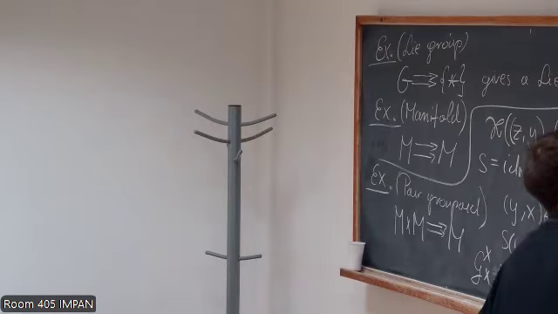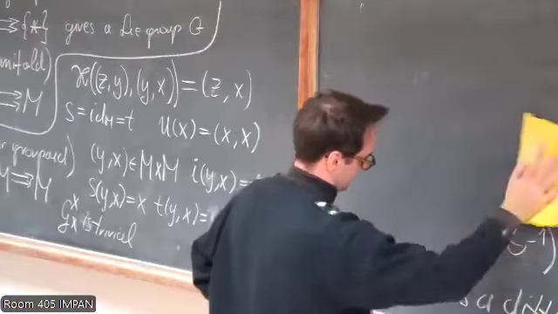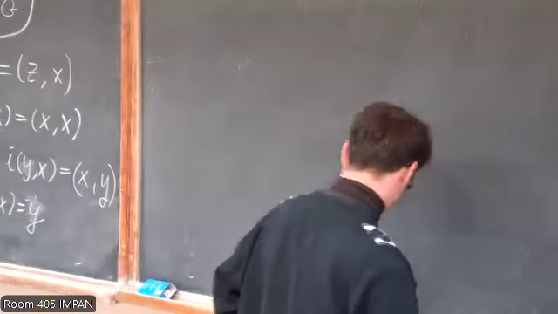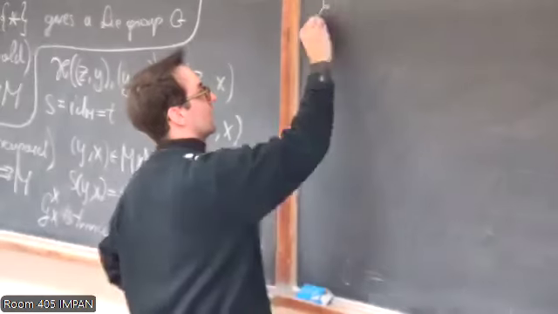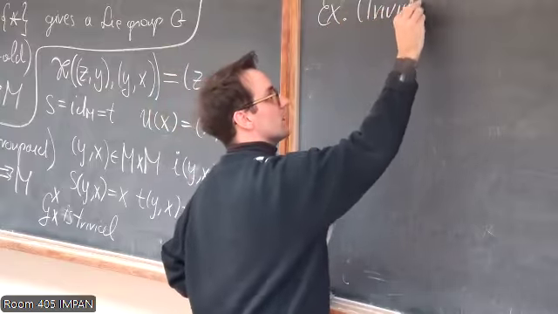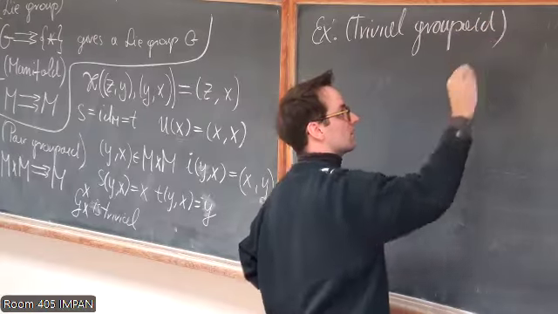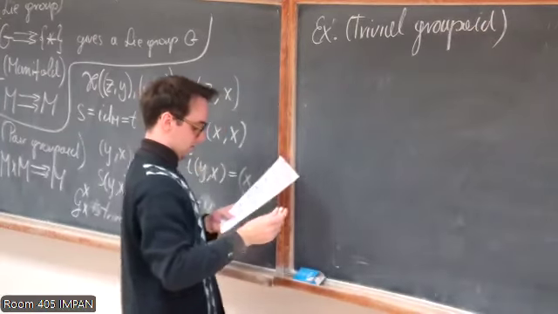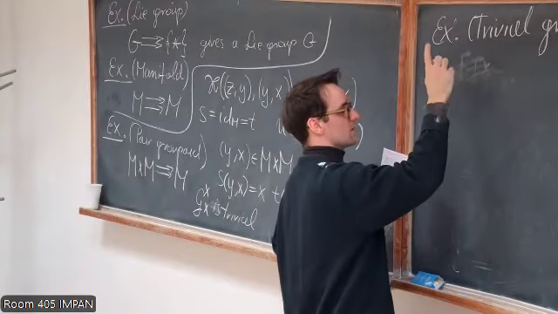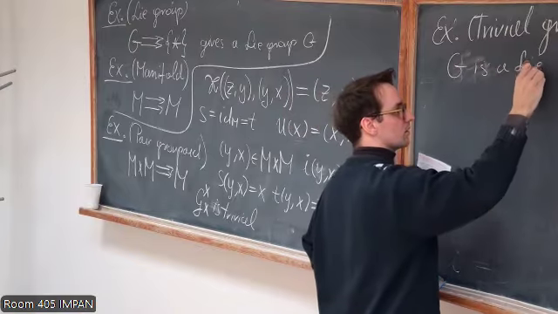Next example. Trivial groupoid. It's a manifold of course, since G is a group.